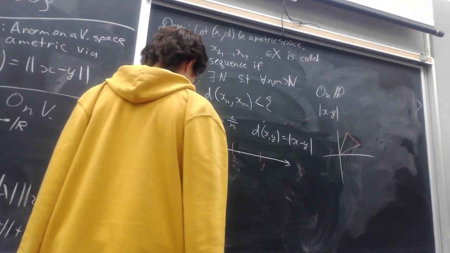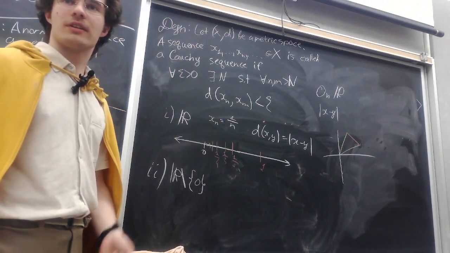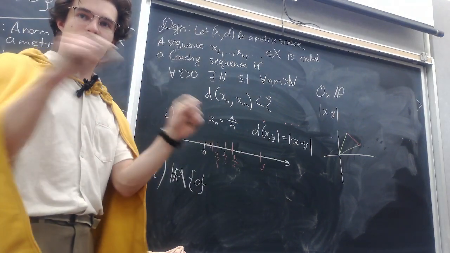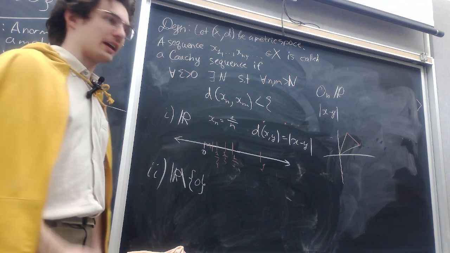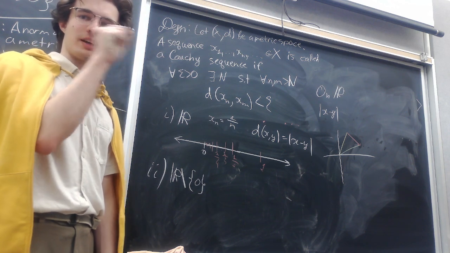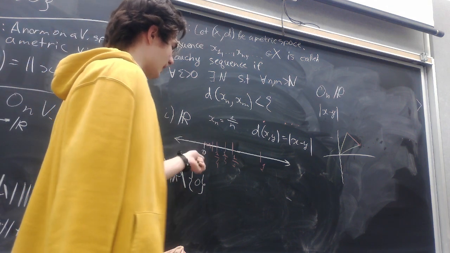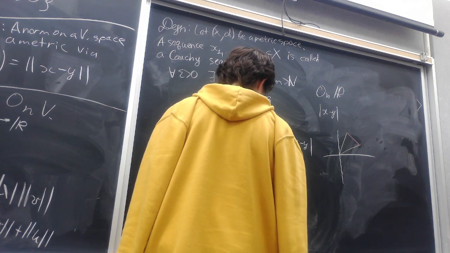So let's just take R and remove 0 from it. I just took this point out. I had a piece of string, I just cut a piece out. But it's exactly a single point. Good. Guess what? I still have a metric on the space. This metric is still the same metric as before.